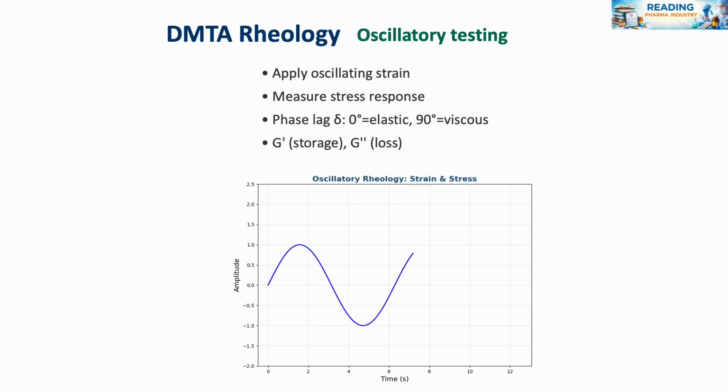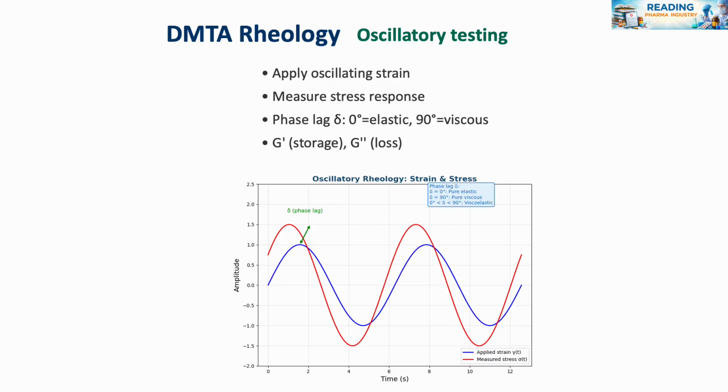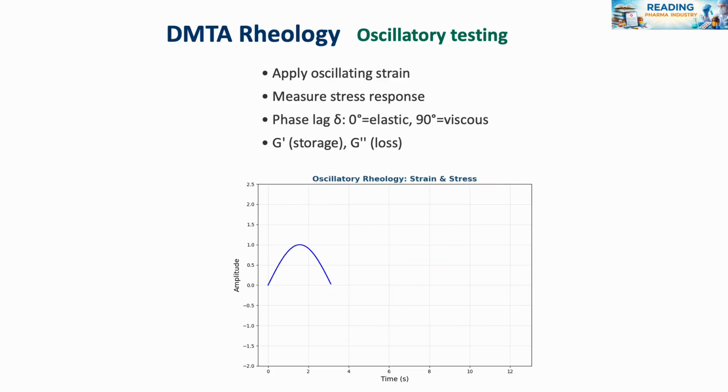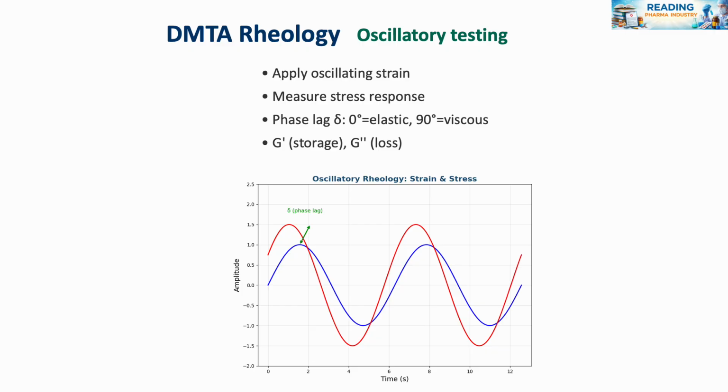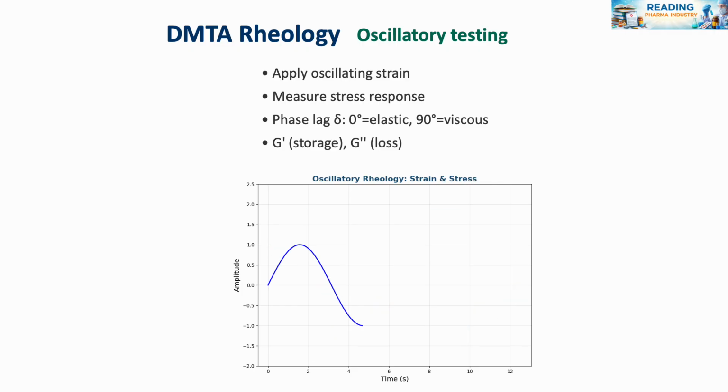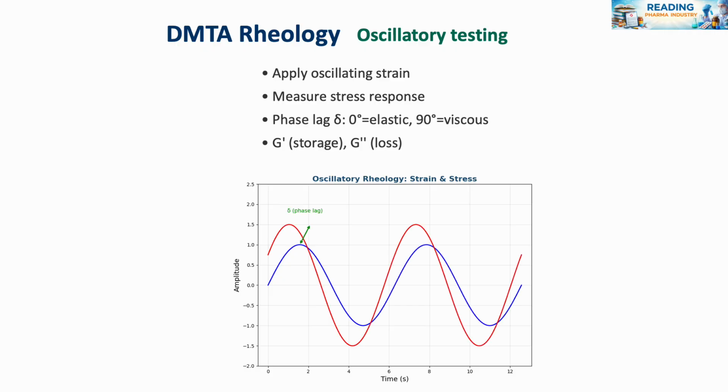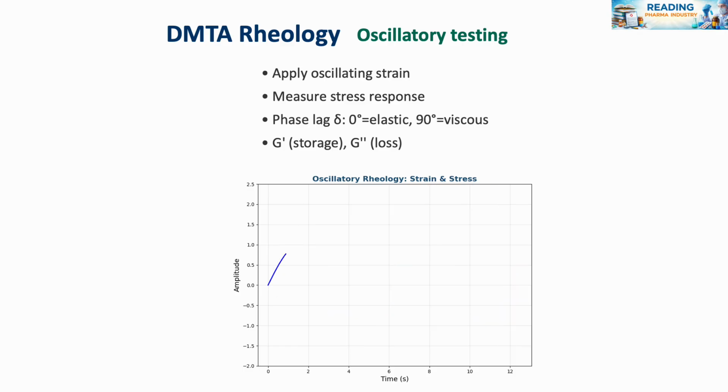Here we have another example, which is based on dynamic mechanical thermal analysis. This kind of analysis applies an oscillating strain and then measures the stress response. For purely elastic materials, stress and strain are in phase, so basically they peak together.